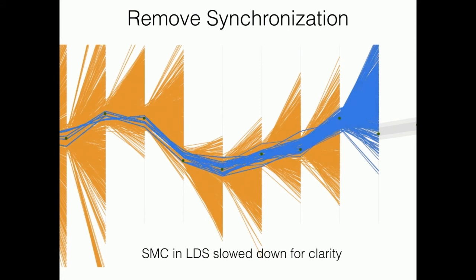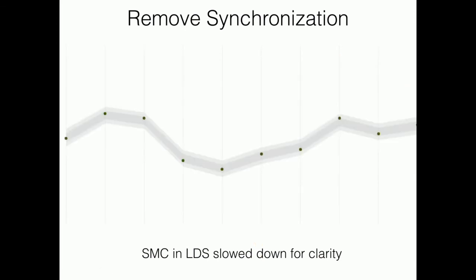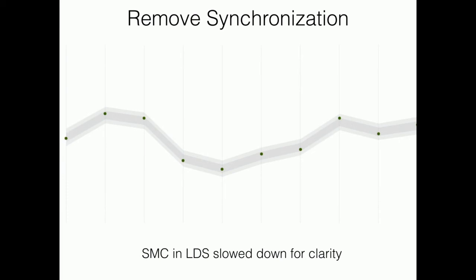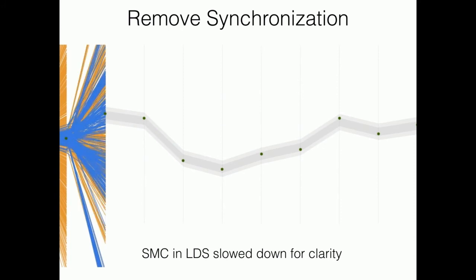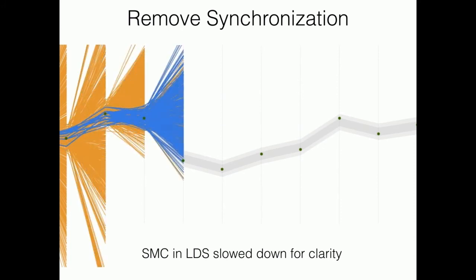And every time you see the blue lines sampled down, those are the resamplings that happen. It's how computation is targeted. So we have many continuations of the program, then many of them are killed, and some of them are continued.